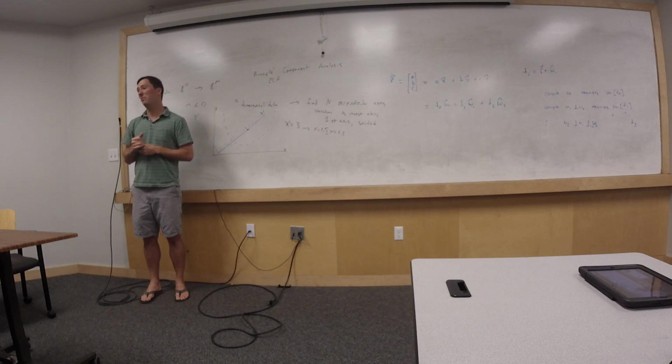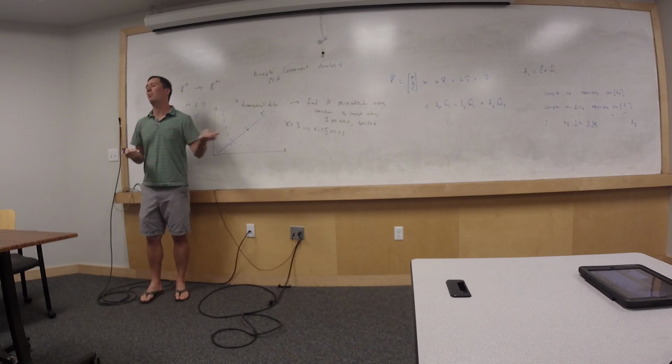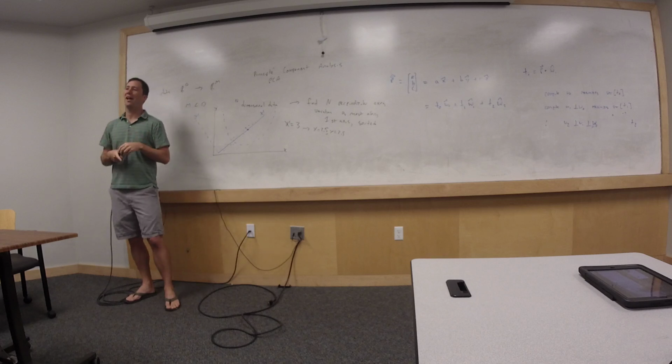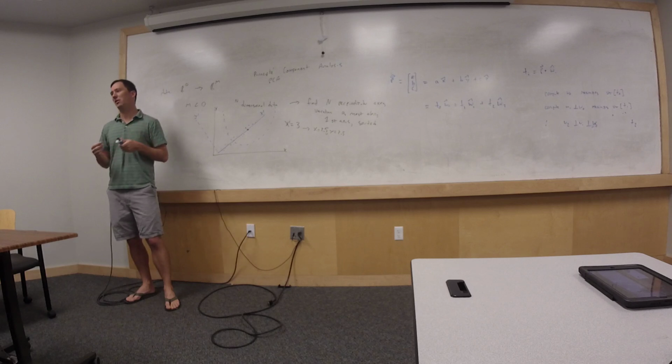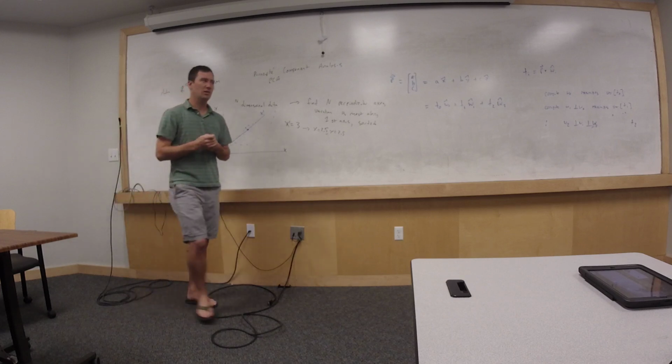I might be limited by wanting to plot it, so I'm using 2D. But this is the same problem we have all the time, which is basically how complicated of a model I should use. And we can use kind of the same techniques that we've used for other things. So this is PCA.